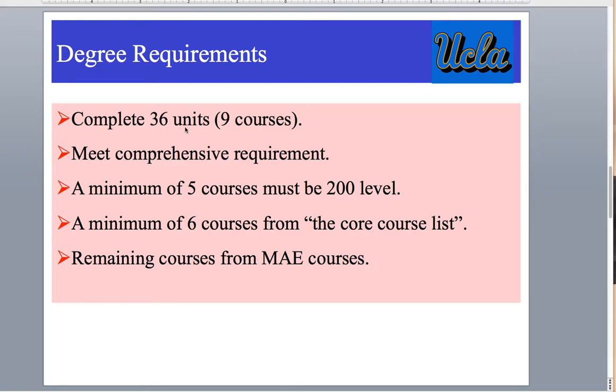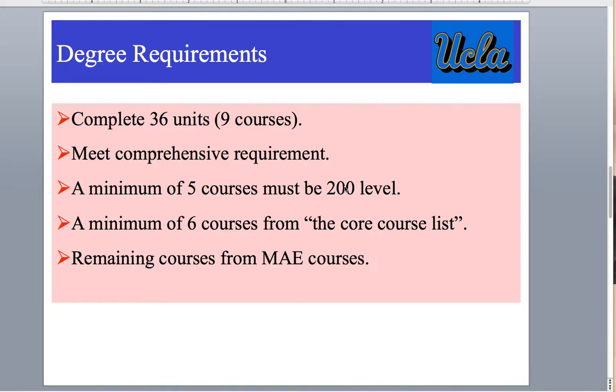So first you have to complete 36 units, which are 9 courses, and the 9 courses do not have to be all graduate level, so that's kind of nice. Five of those must be 200 level, which is graduate level. The other 4 can be undergraduate, or they can also be graduate.